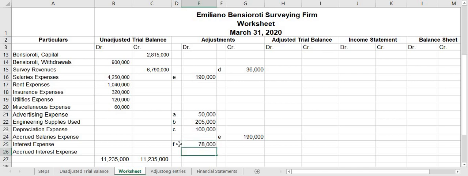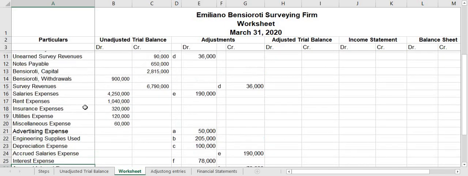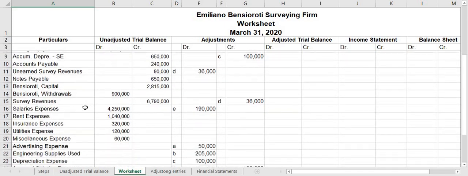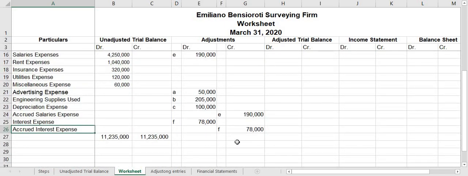And of course, the corresponding credit for interest expense is accrued interest expense for 78,000. Again, this is an added account title sa ating particular since sa ating unadjusted trial balance walang accrued interest expense na account. Ayan.